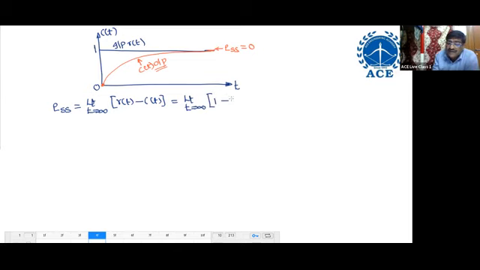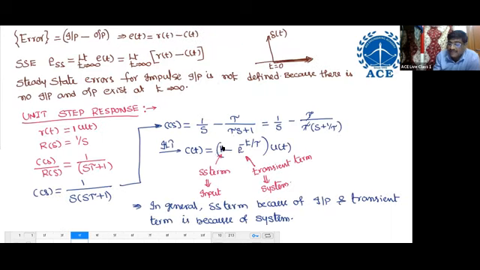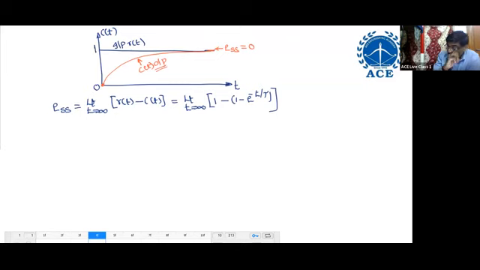C of t is 1 minus e power minus t by tau. Now substitute t tends to infinity. e power minus infinity is 0, so 1 minus 1 becomes 0. So the steady state error is 0.